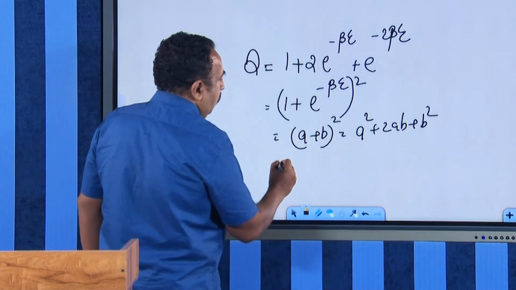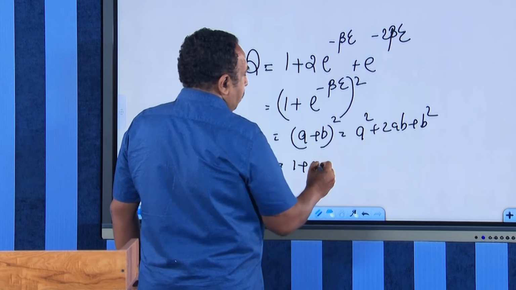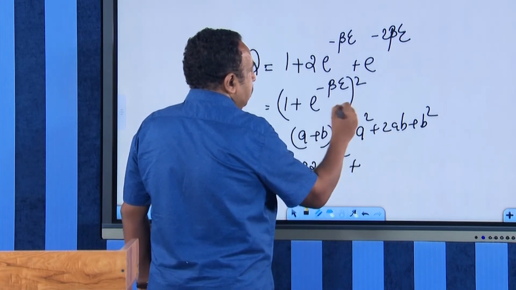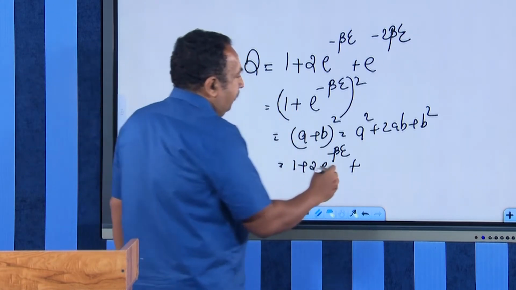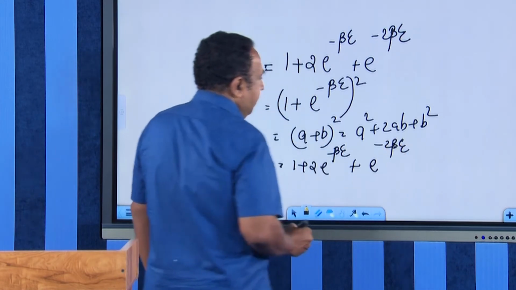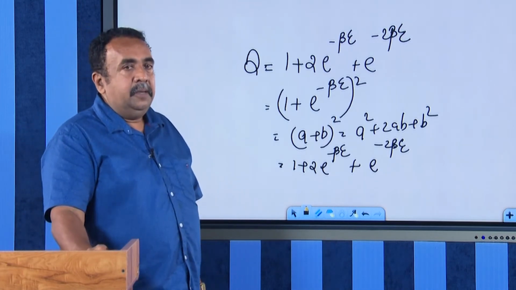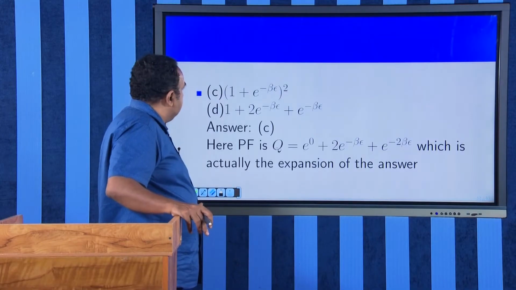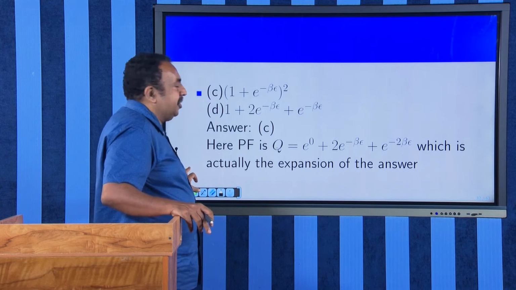Therefore, your a is 1, so 1 plus 2ab, that is 2 e raised to minus beta epsilon, plus b square. B is your e raised to minus beta epsilon whole square, which will be equal to e raised to minus 2 beta epsilon. This is how the question comes. Directly sometimes your answer will not be given, but in an alternate way they had given the answer, which is 1 plus e raised to minus beta epsilon whole square.